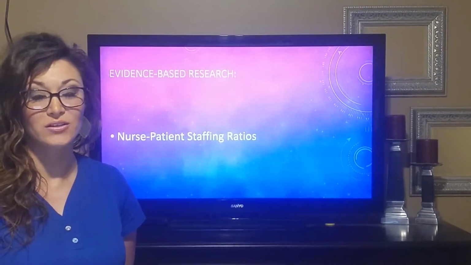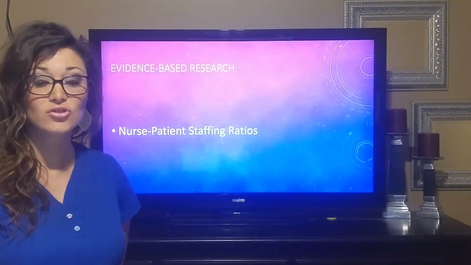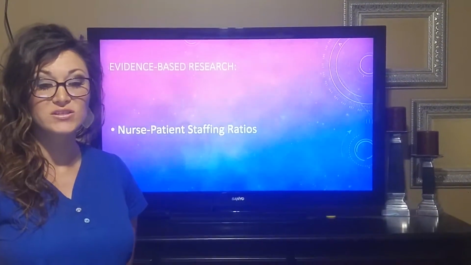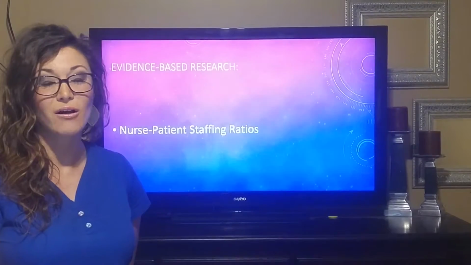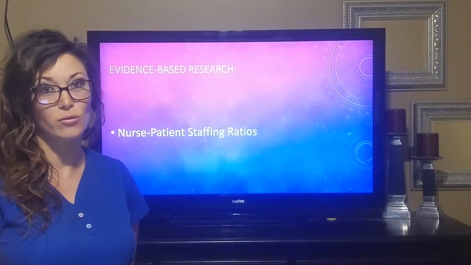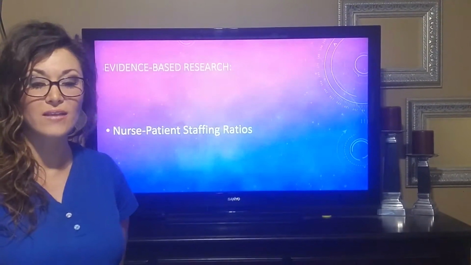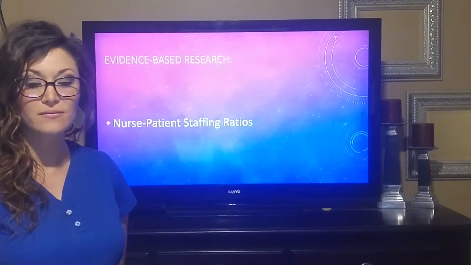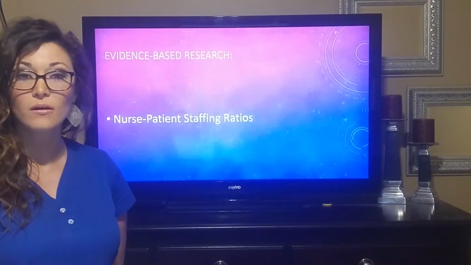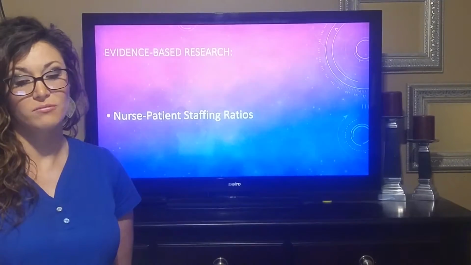Hospital-acquired pneumonia is contributed to by lower nurse-to-patient ratios, and it costs the hospitals $22,000 to $28,000 annually. So it makes sense to say that a significant decrease in medication errors occurs when there is an increase in the number of registered nurses on shift.